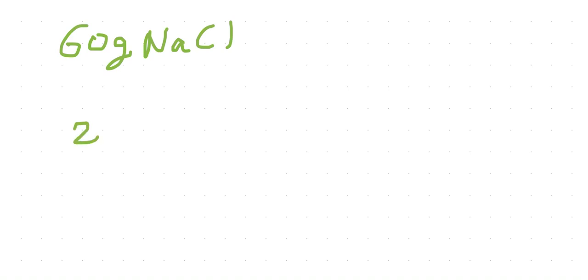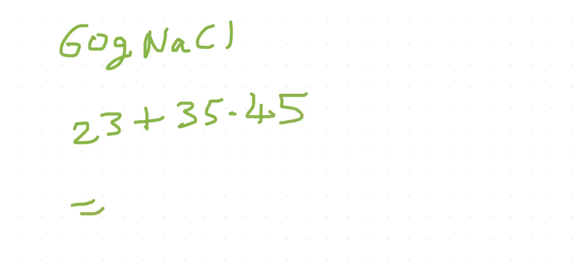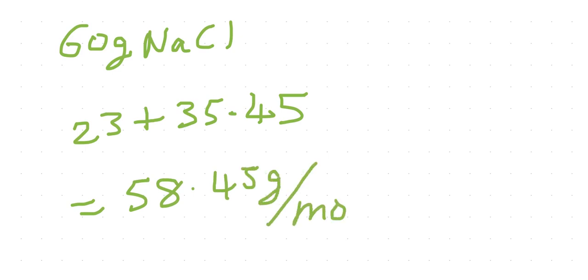Let's say I have 60 grams of sodium chloride. If I look at the periodic table, I find that the molar mass of sodium chloride is 23 plus 35.45, which gives me 58.45 grams per mole.